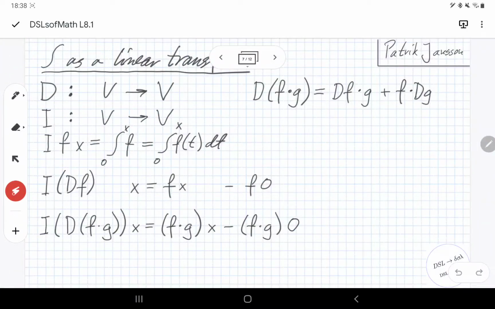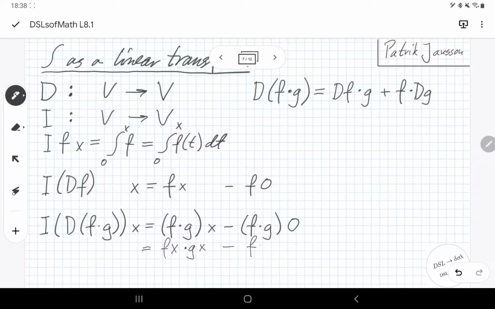And if we now want to do this for the special case of f times g, then not surprisingly, if we insert f times g here, we get f times g at x and f times g at 0. And maybe you're a bit unused to this notation. This is the same as f of 0 times g of 0. Oh, sorry, I should erase that. f of x times g of x.